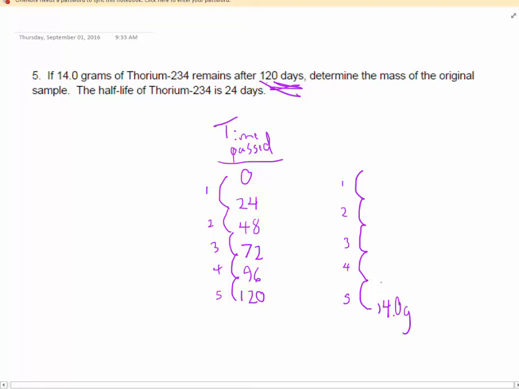So if we're running a half-life problem backwards, we're not cutting the mass in half, we're doubling it. So this would go to 28 grams, and then it would go to 56 grams as we double it again, and then 112 grams, and then 224 grams, and finally up to 448 grams. So this is going to be your answer, 448 grams.